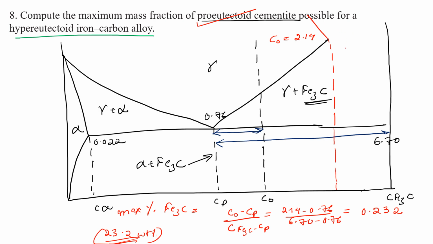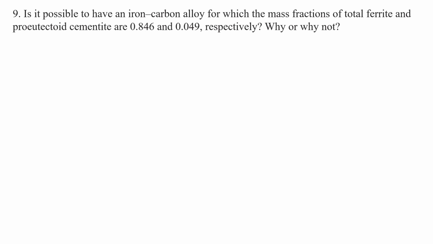After that, whatever we have is cast iron, not steel. Okay, so this is the maximum amount of cementite.